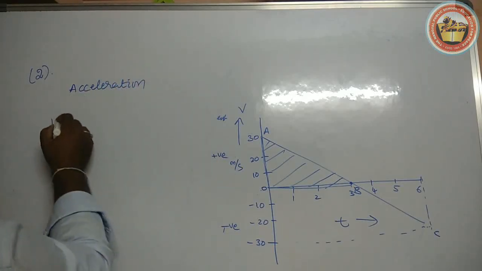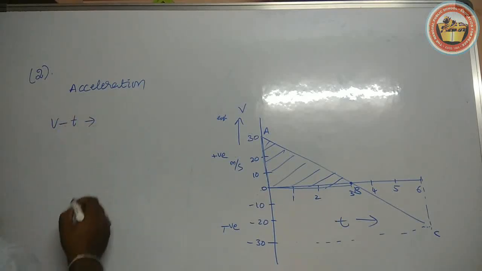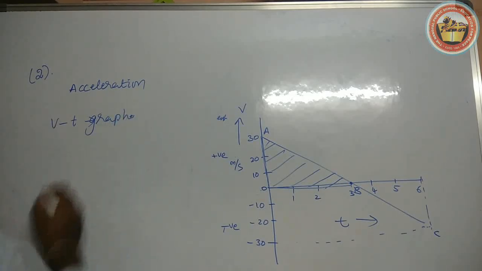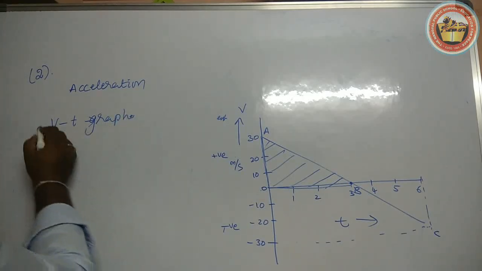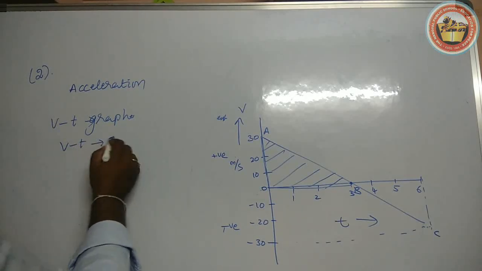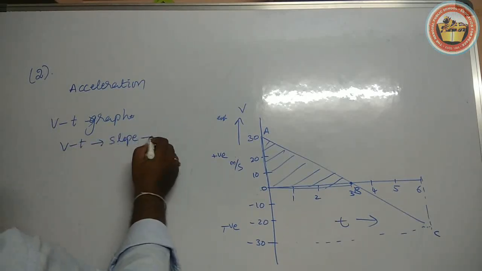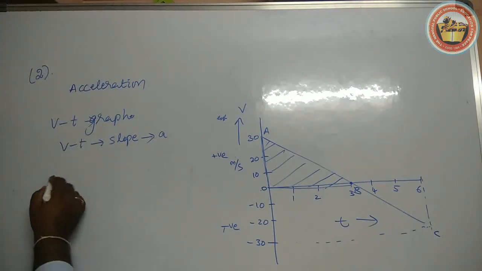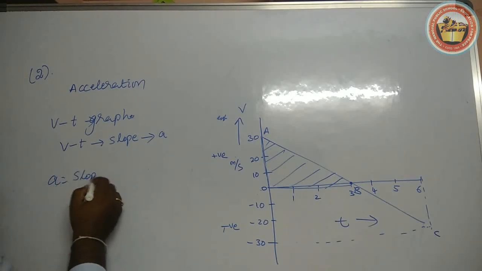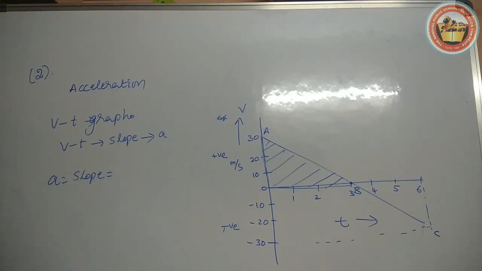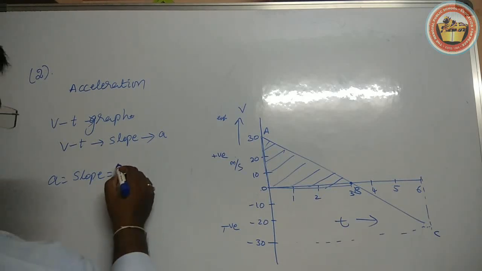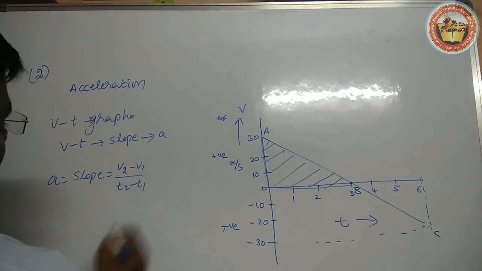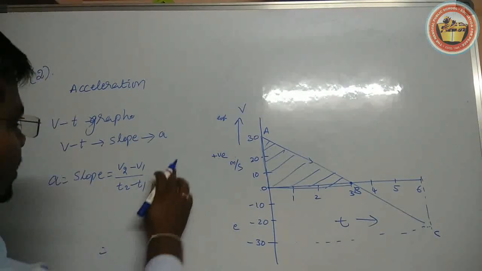In the VT graph, the velocity time graph, the slope will give the acceleration. Acceleration is equal to slope, and we can find that slope as (V2 minus V1) divided by (T2 minus T1). Understand?